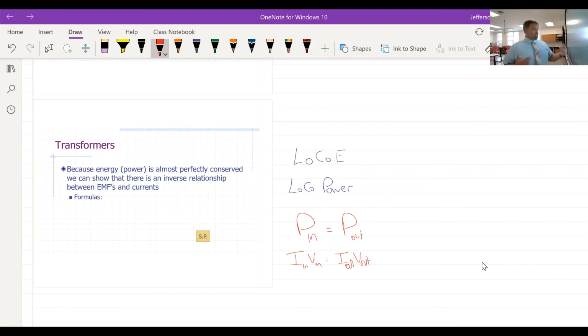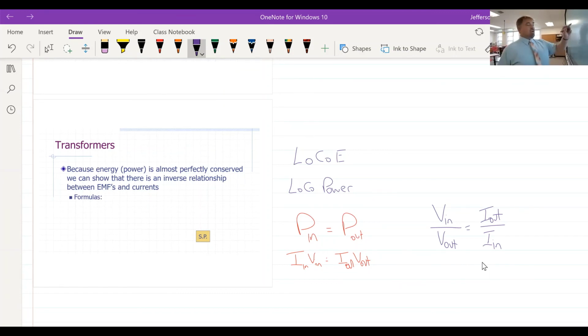Okay, so you should see by this there's a trade-off. If I want to make my voltage high, I make my current low, and I'll rewrite that so that V in over V out is equal to I out over I in. There's an inverse relationship here.